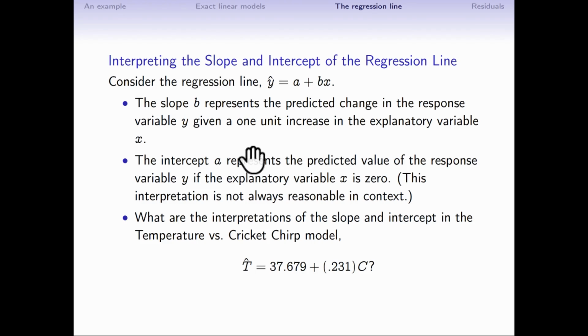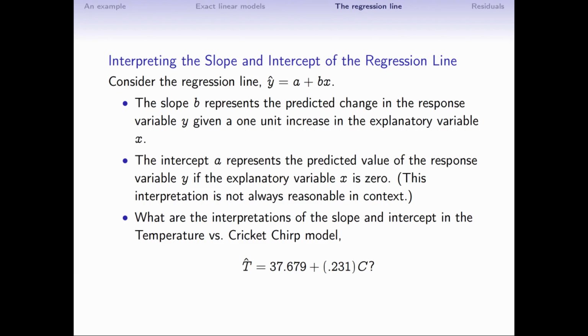The slope b represents the predicted change in the response variable y given a 1 unit increase in the explanatory variable x. So in other words, if x changes its value by 1 unit, then we will see a corresponding change in the predicted value by b. So b is going to be the predicted change in y given that 1 unit change in x.